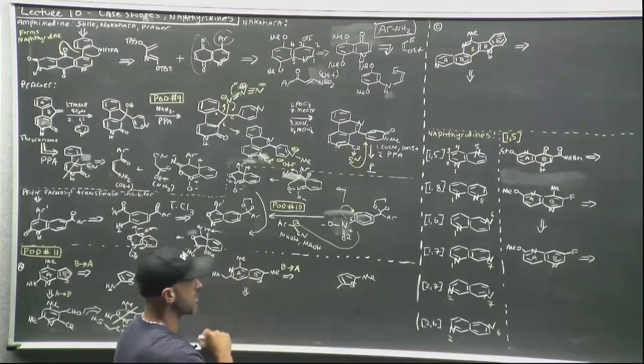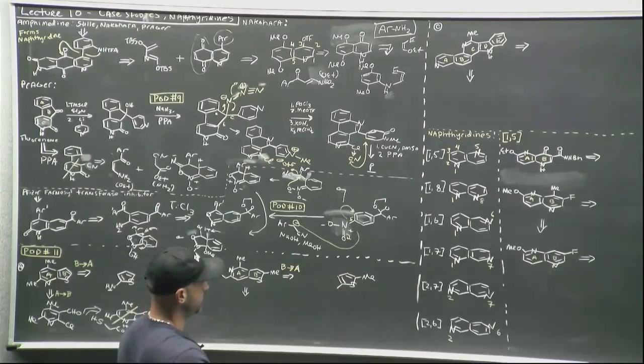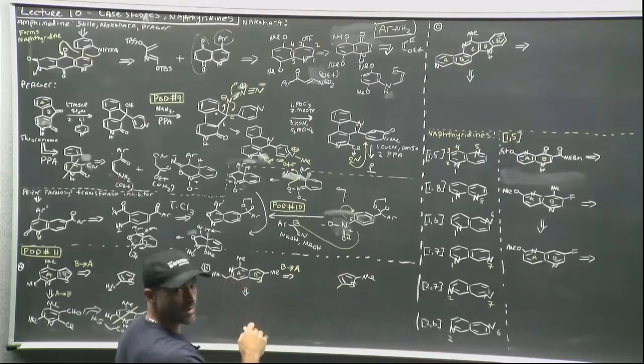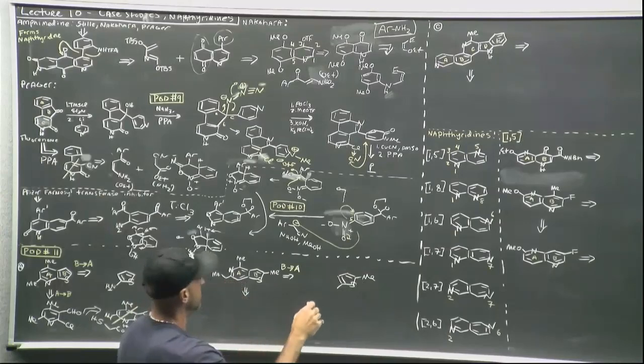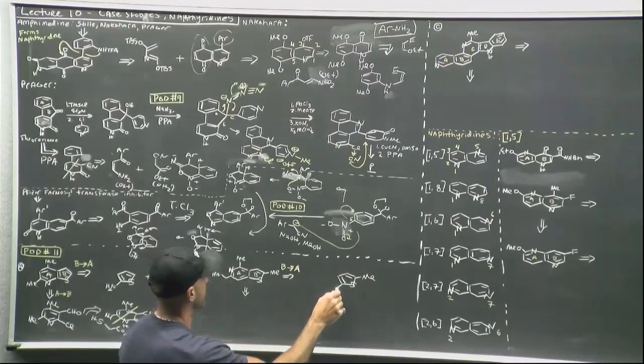What's the immediate precursor to this? Can you draw the 1,3-dicarbonyl for me from A? Or sorry, there's really not a 1,3-dicarbonyl. 1,4. Fine, 1,5. We'll get there.